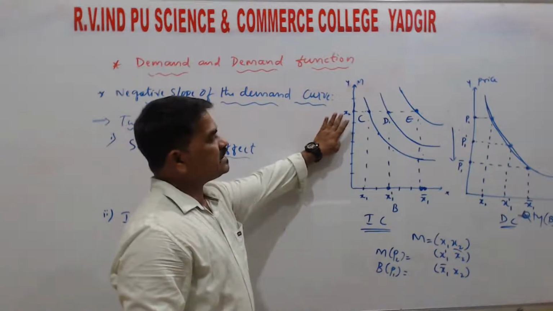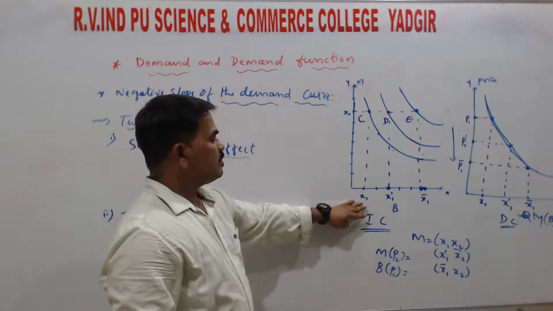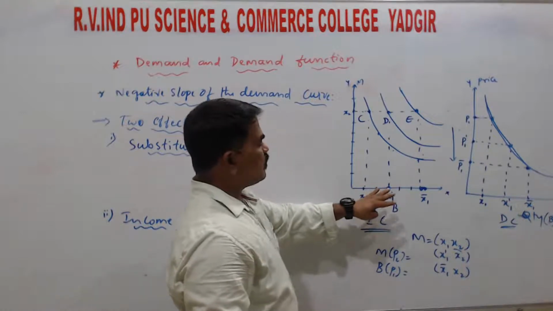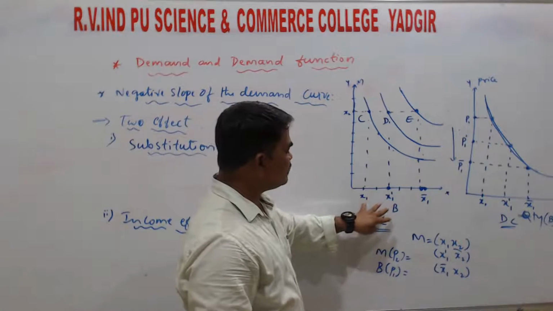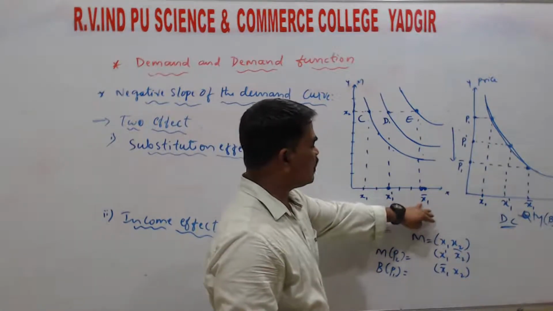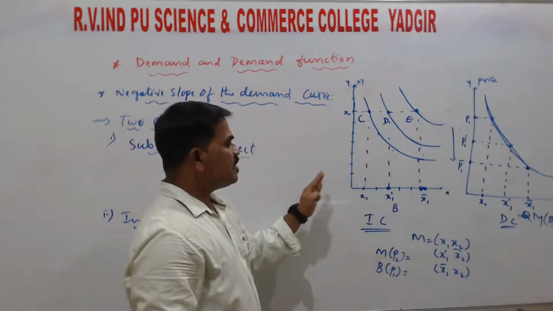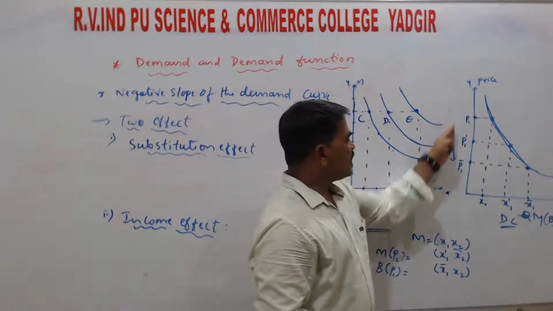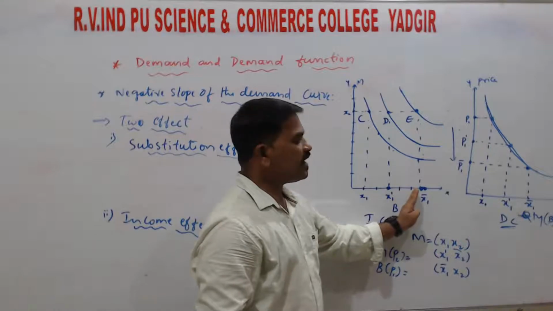The mango's price is higher, and even the banana price was high. But when the banana price started reducing, what will the consumer do? He will substitute bananas from X1 to this new quantity. He will substitute bananas for mangoes. That is why there is a substitution effect. When there is a reduction in the price, there is a substitution effect.